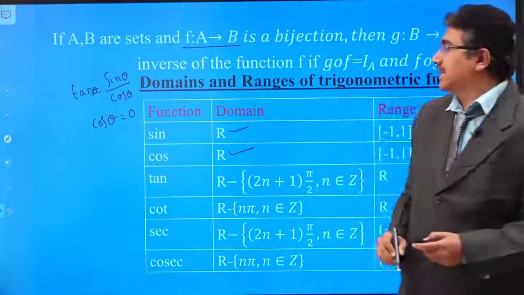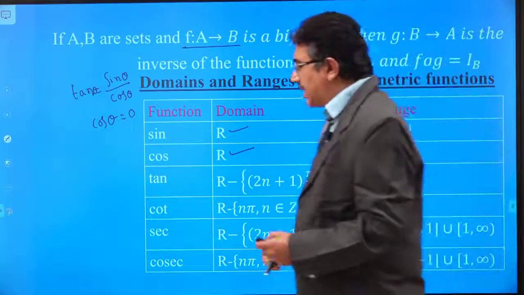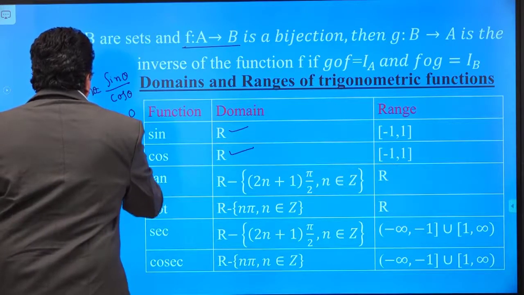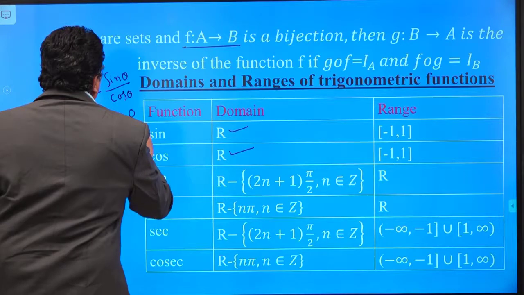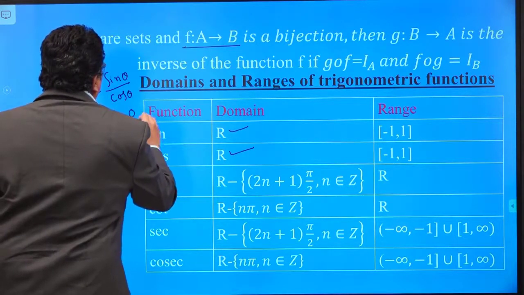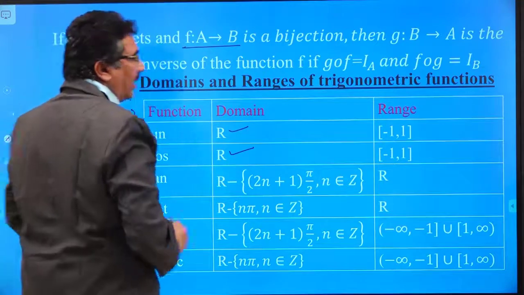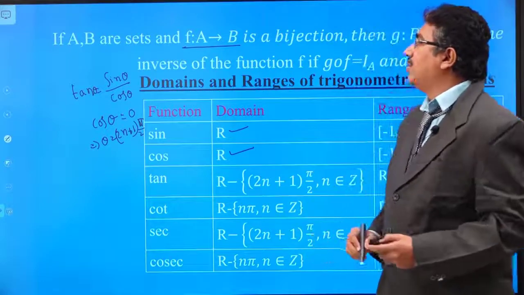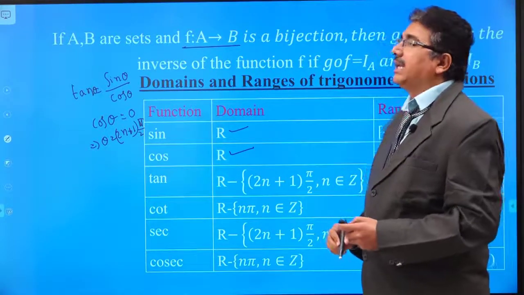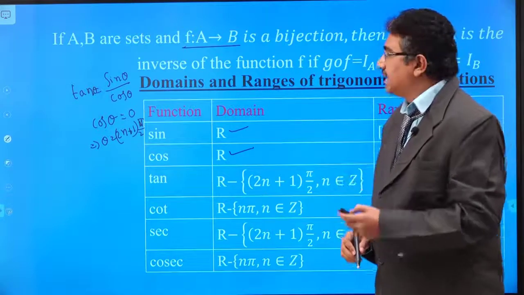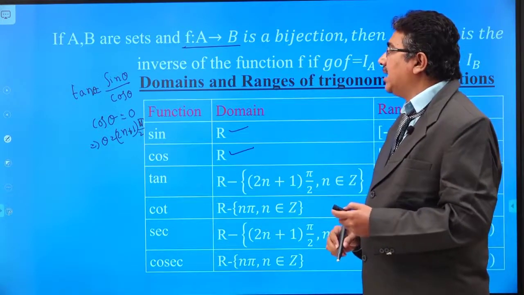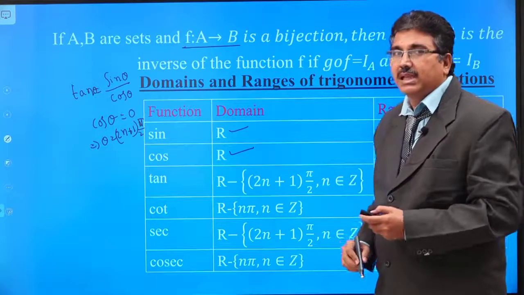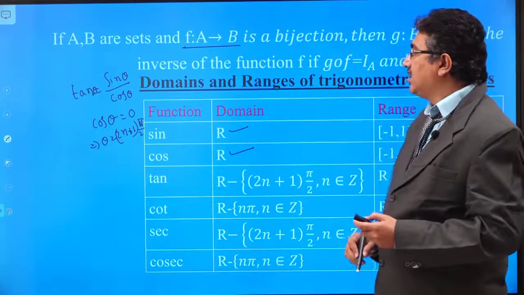If the denominator is 0, that implies theta is equal to (2n plus 1) times pi by 2, that is, an odd multiple of pi by 2, where n belongs to Z. Now, the domain of tan and secant is the same, that is, the set of all real numbers excluding the values at which cos theta is equal to 0.